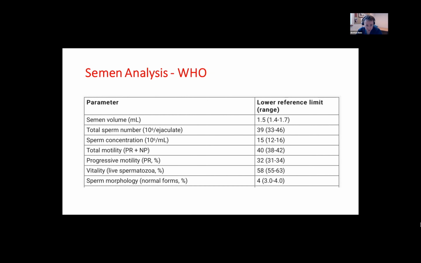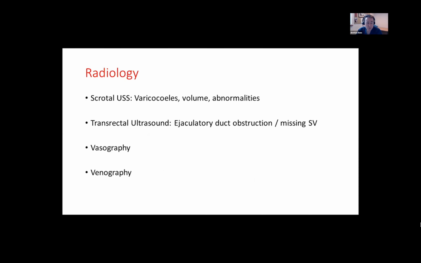And then the morphology, at the bottom there, we need 4% normal forms, which sounds like a very small number, but actually, obviously the concentrations and the total number of sperm is very high. So even 4% is still a large number of sperm. And it essentially describes how many of them are fully matured and have all the right bits, or beg your pardon, who appear completely normal. So we do need 4% normal forms.